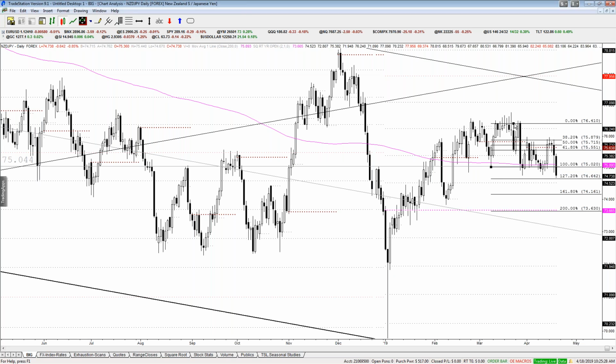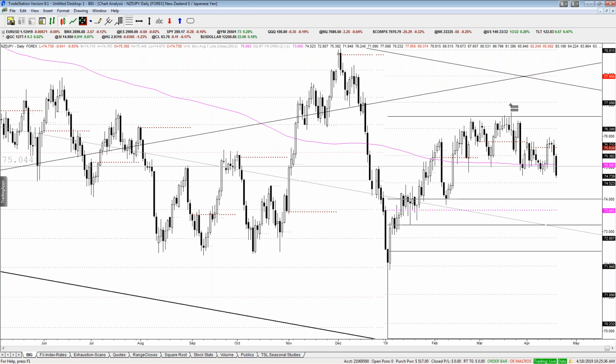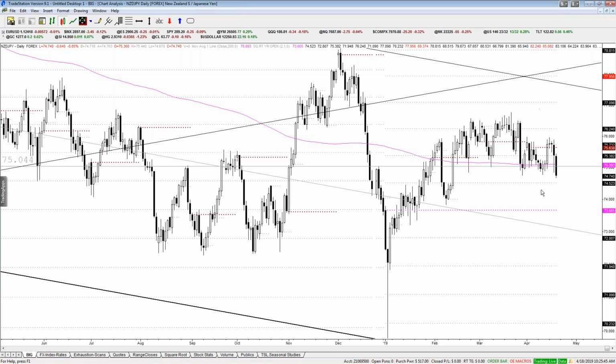Head and shoulders target is going to be 73.30, which also happens to be 50% retrace. In fact, they're the exact same level, 73.27, okay? Not saying that you can't go lower than that. Just saying that is what the measured objective is.